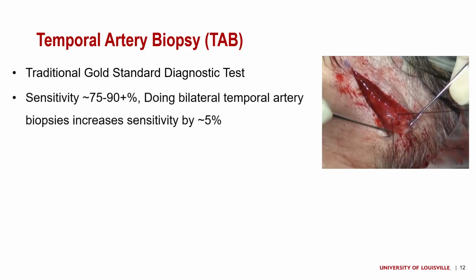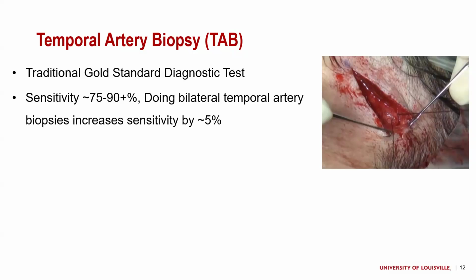Now the sensitivities in the research vary greatly, and there's many reasons for this. Some is how the temporal arteries are evaluated themselves, whether a patient is placed on steroids, how commonly people are referred to temporal artery biopsy. Is it based on very specific symptoms or very general symptoms? Because of this, the sensitivity is usually reported at around 75 to 90 plus percent.